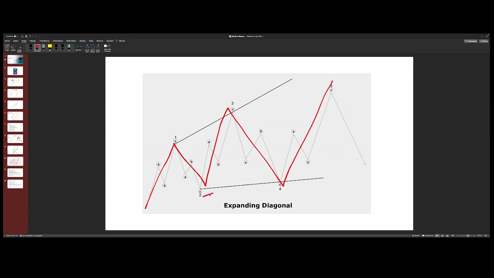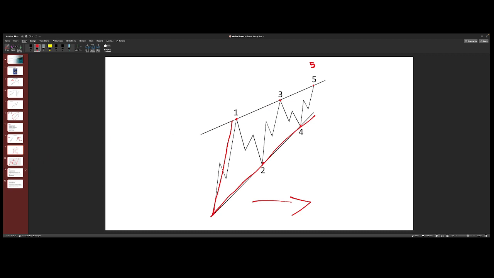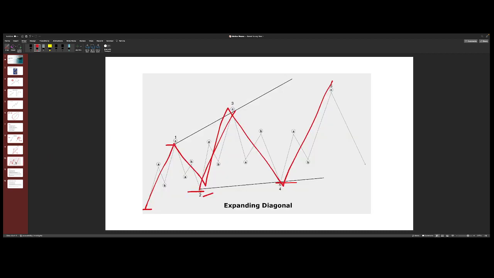Wave 2 never goes beyond the price action of wave 1. Wave 3 always goes above wave 1. And wave 4 never goes below wave 2. Those are the same basic rules of the ending diagonal, but the only difference is that they expand over time, that the waves actually get bigger over time.